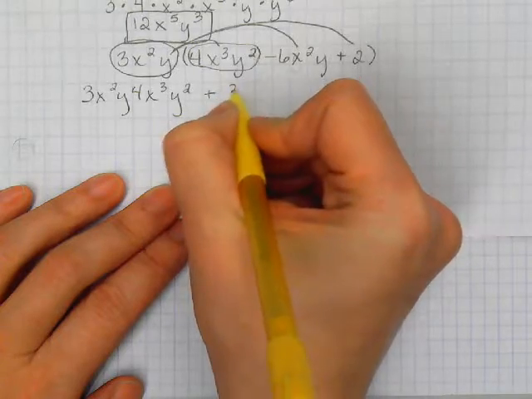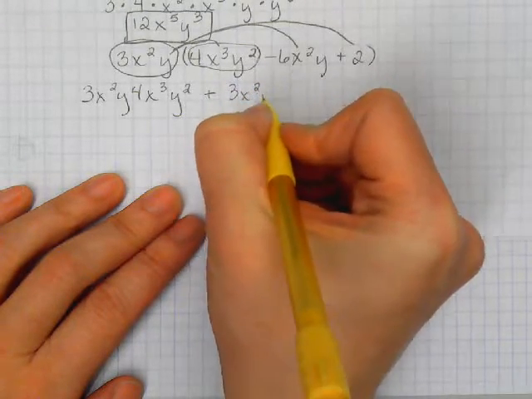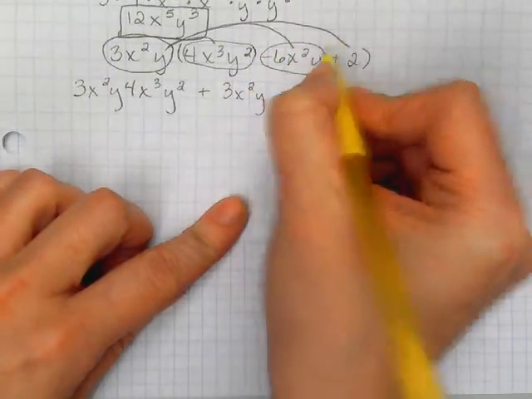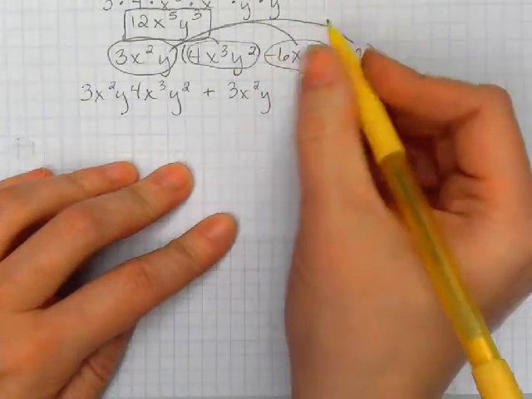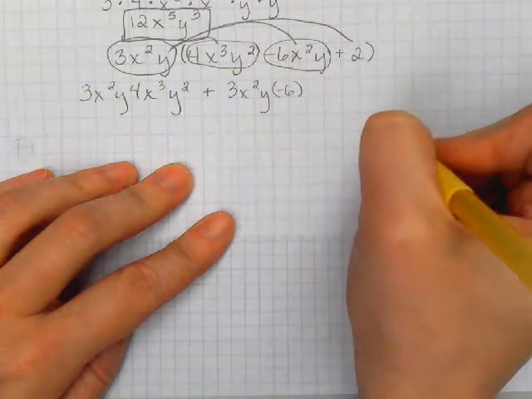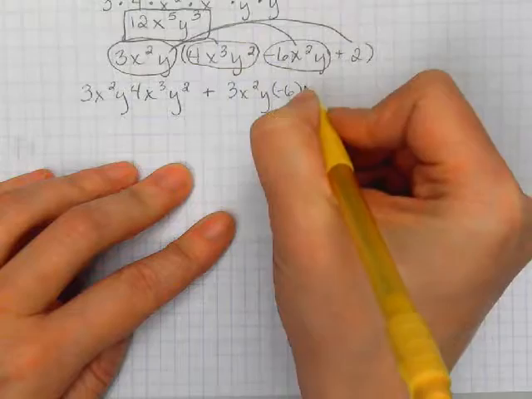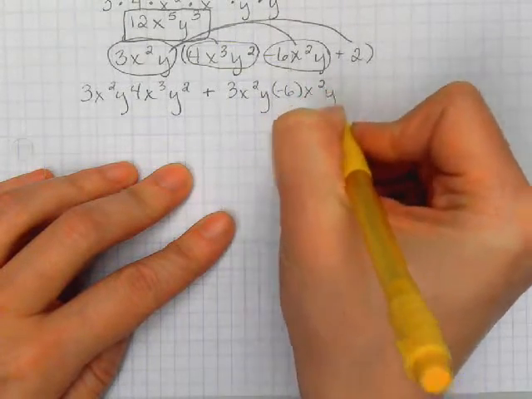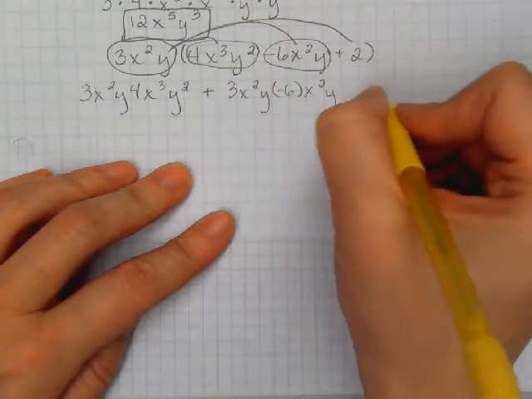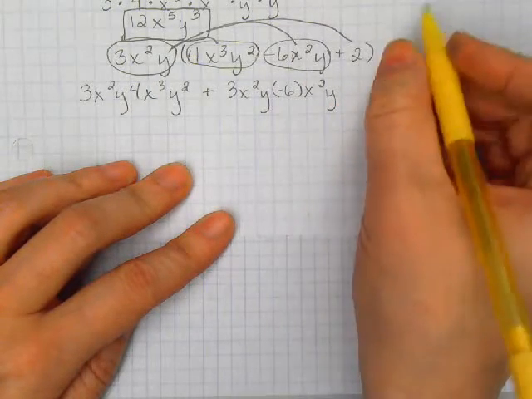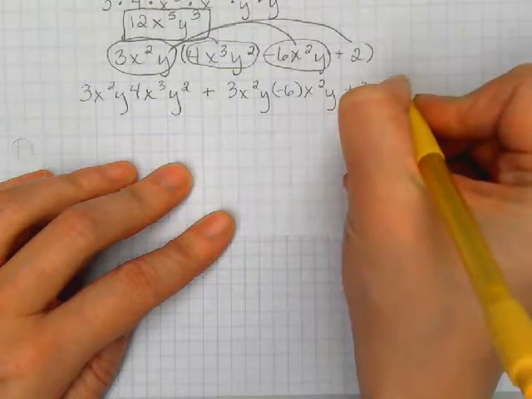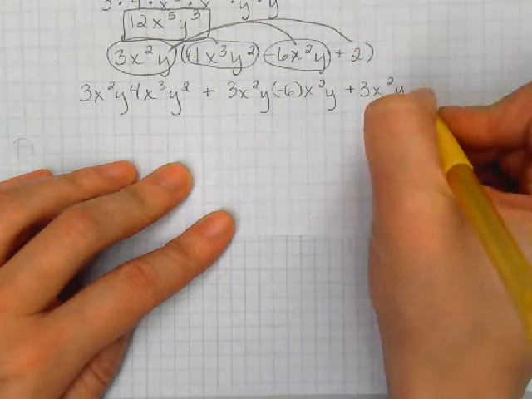X to the fifth. And that's the power rule that we learned a couple of classes ago. And then I have y, and this is really y to the first times y to the second. That gives me y to the third. So if I double check this, I have my 3 times my 4, x to the second times x to the third gave me x to the fifth. Y to the first times y to the second gave me y to the third.